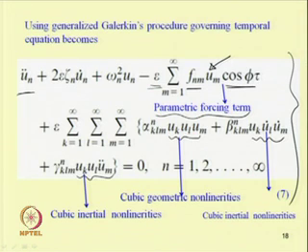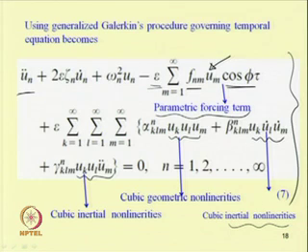So, this is a geometric nonlinear term, a cubic geometric nonlinear term, and in these two terms we have u_k, u_l dot and u_m dot. The product of two velocity terms gives rise to an inertia term. That is why this term is known as the inertial nonlinearity term.